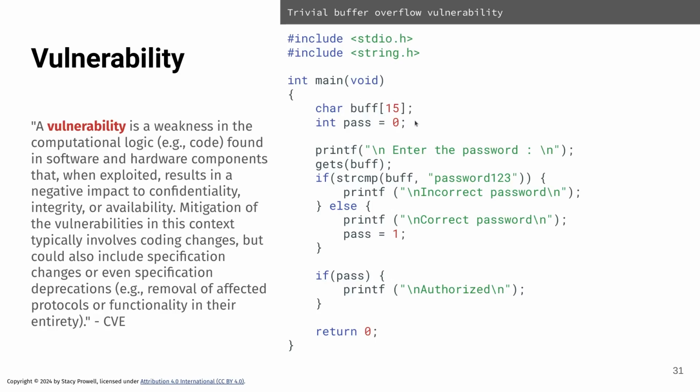So I could enter a bad password. It would tell me it's an incorrect password, but I've overwritten pass so that now this works and I am authorized, even though it told me I had an incorrect password. You can take this code and play with it. There are usually protections for some of this in some modern systems, but it'll still work on a lot of them.